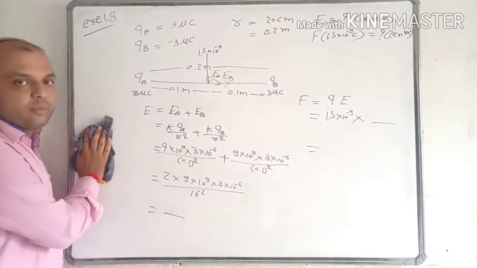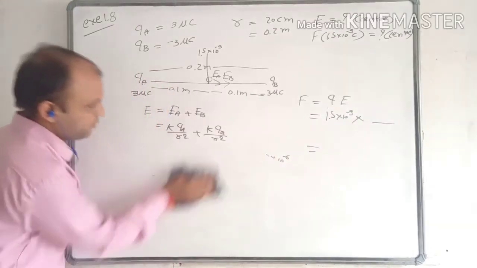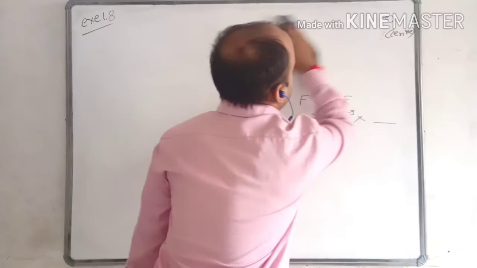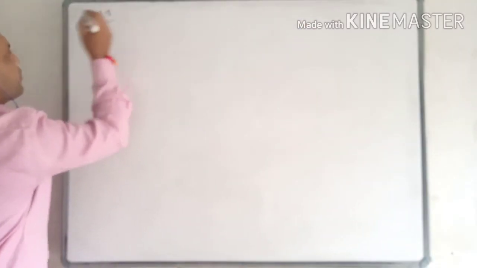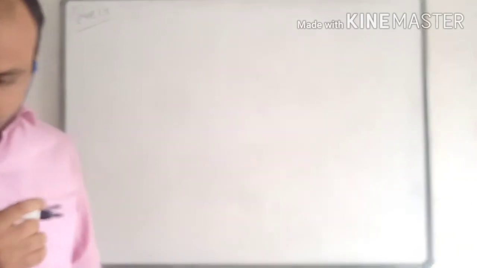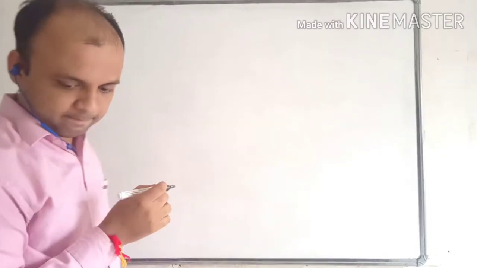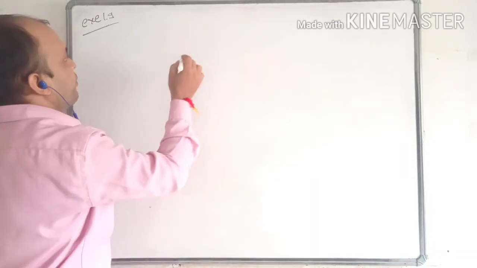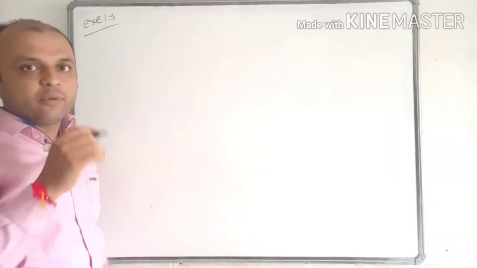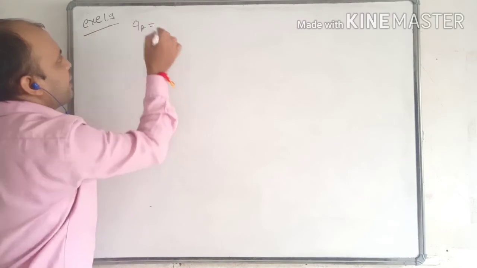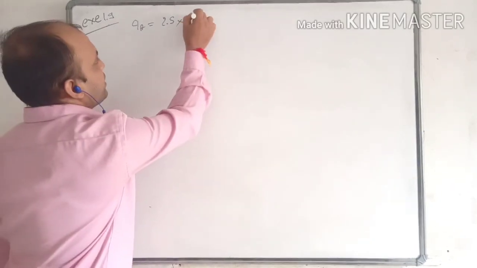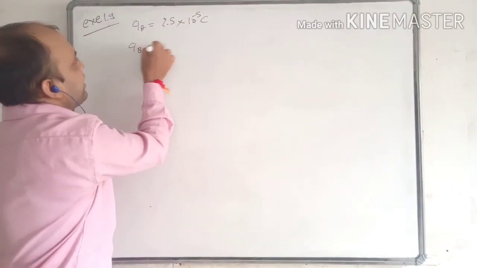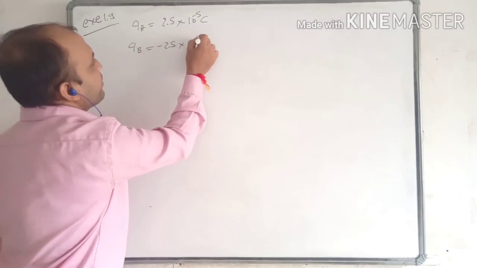Now we will see exercise 1.9. In exercise 1.9, we have a system of two charges, QA that is 2.5 into 10 raised to minus 5 coulomb, and QB is minus 2.5 into 10 raised to minus 5 coulomb.